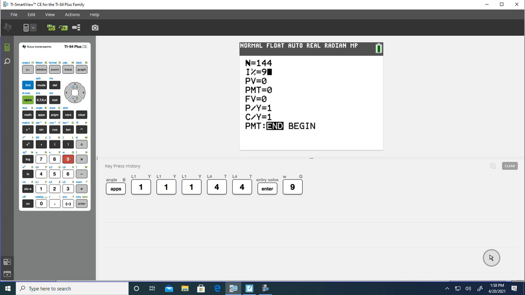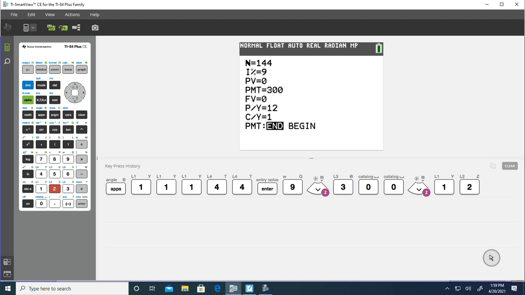The present value, well, it started at 0. It didn't say that they had like 50,000 in there, going to start putting 300 in there. So my present value is 0. My payment, though, is I'm going to do $300 each month. We're going to find a future value eventually. Payments per year, we're doing how many per year? 12.